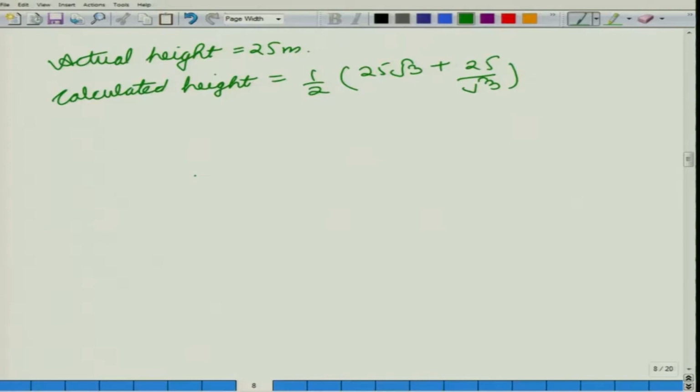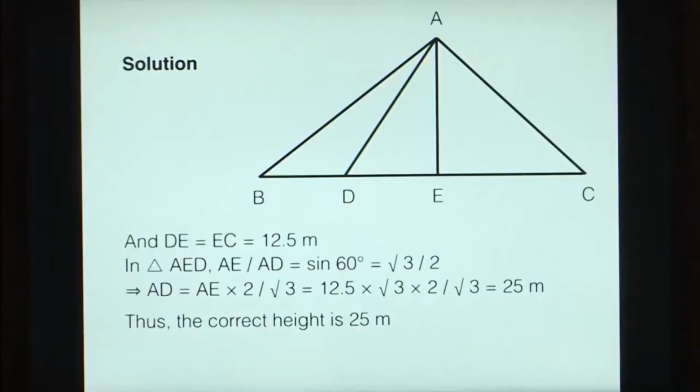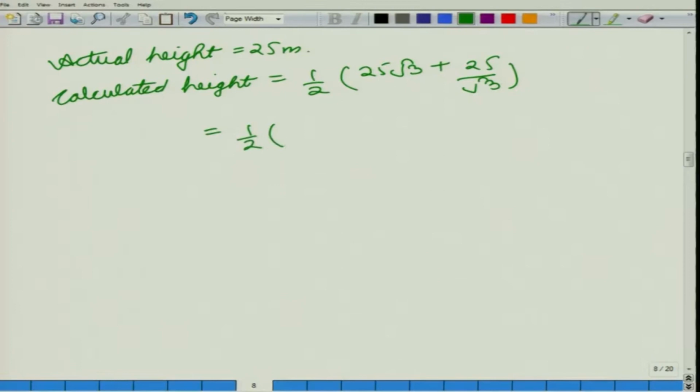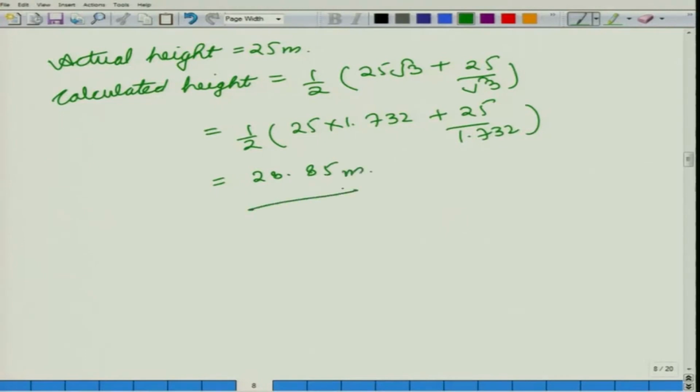Now, root 3 is equal to 1.732. So, from here we would get this value to be equal to half of 25 into 1.732 plus 25 upon 1.732, and this we get to be 28.85 meters. So, this is the actual height, and this is the height that was calculated.